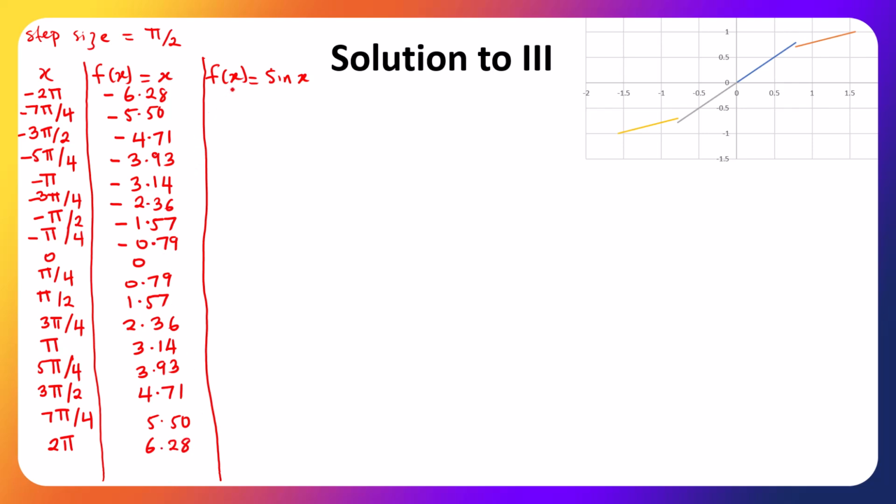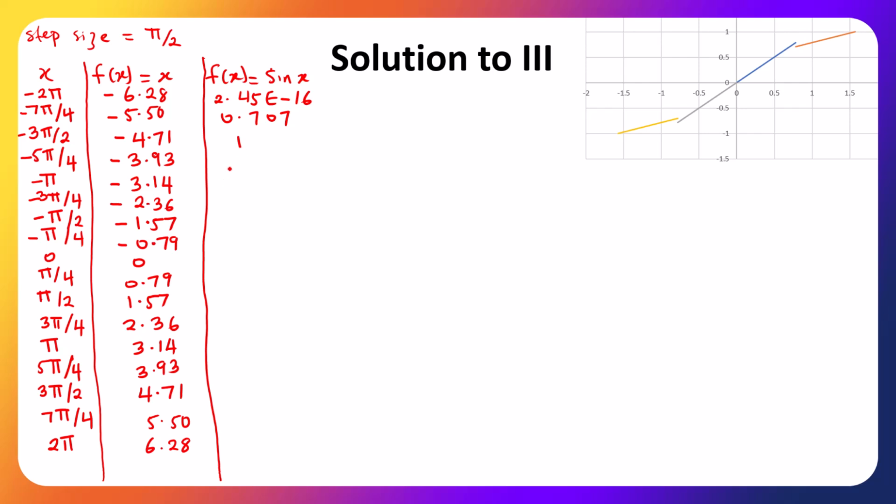So also for f of x equals sine x, we have 2.45 times 10 to the power minus 16. We have 0.707. We have 1 for sine 3 pi over 2.